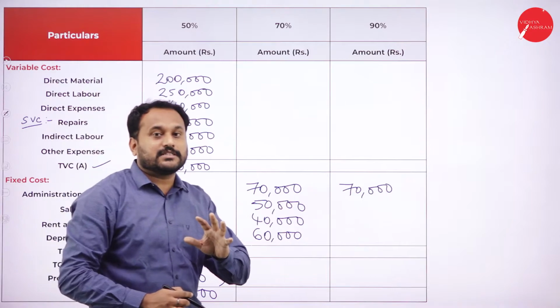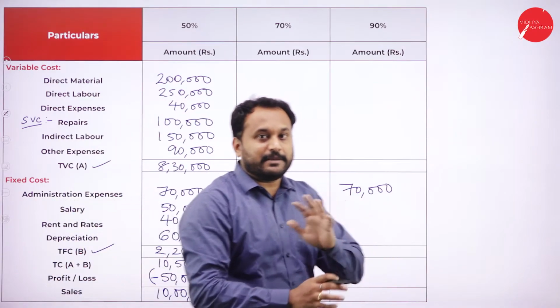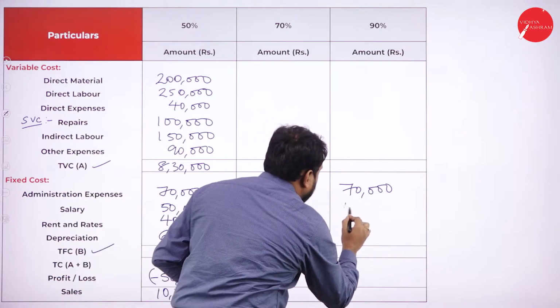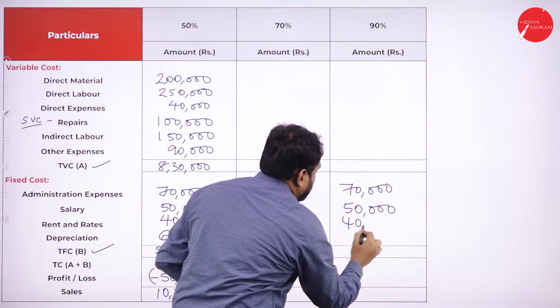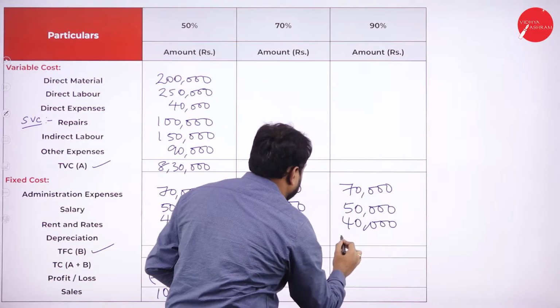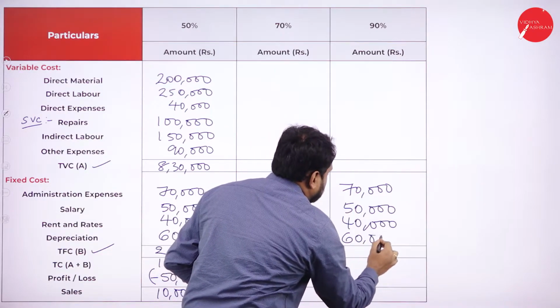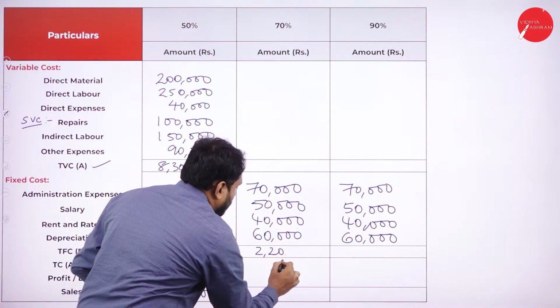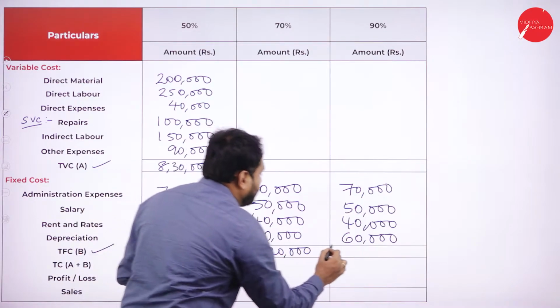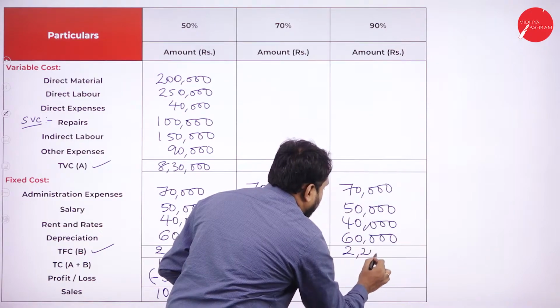Total fixed cost is always the same. Here we have 50, 40. The last one is here 60,000 and the total is 2,20,000. Carefully we are supposed to write all the entries.